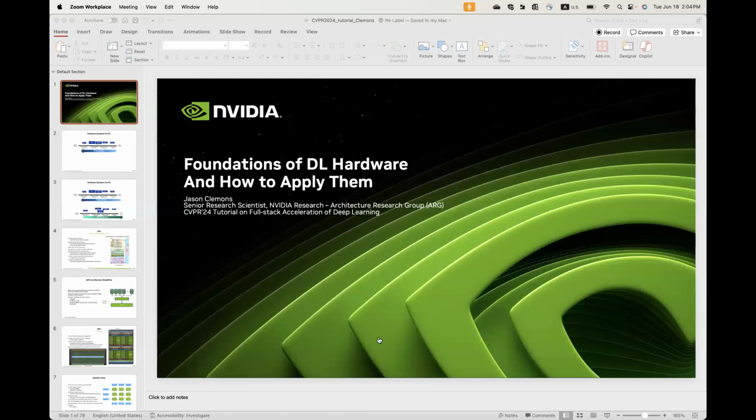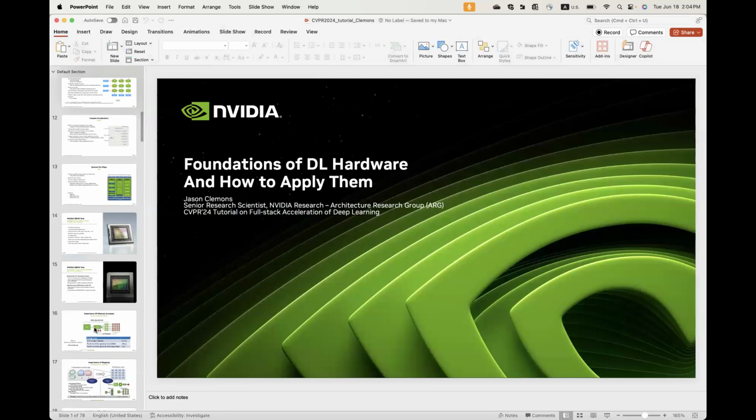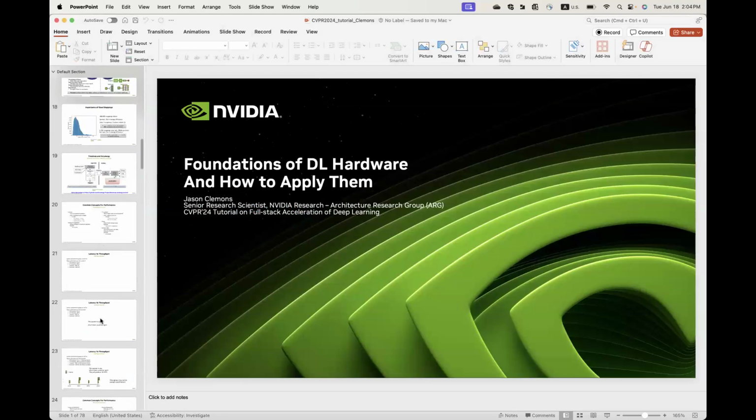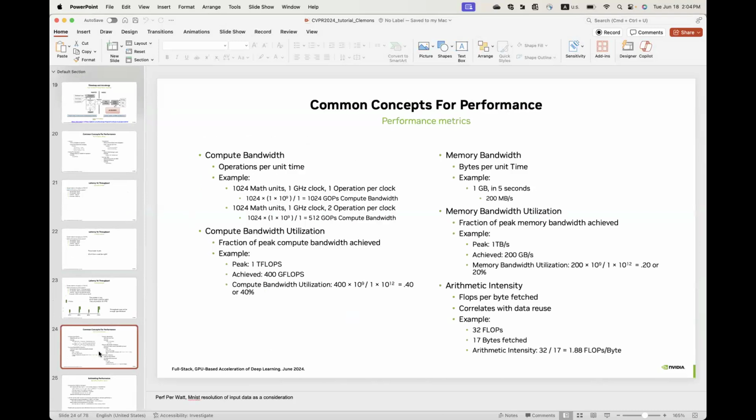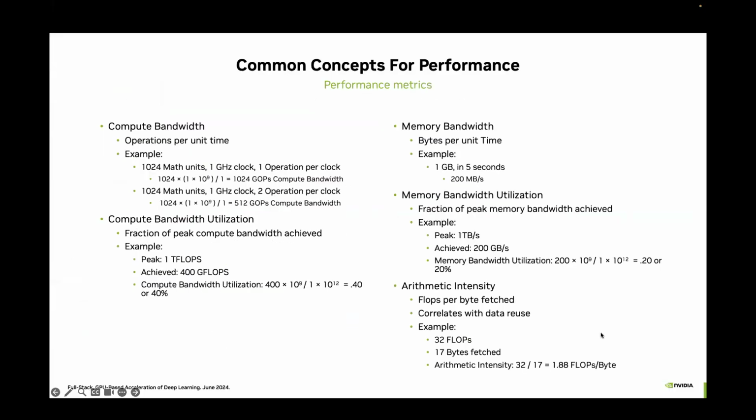If I get to reuse an element like 20 times before I have to fetch a new one, that's fantastic, because now my bandwidth has to be 20 times lower, right? As long as I can keep it fed. And so that's where arithmetic intensity comes into play. It is trying to figure out how many flops I am doing for every byte fetched.